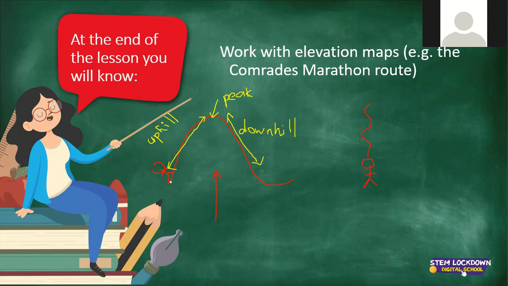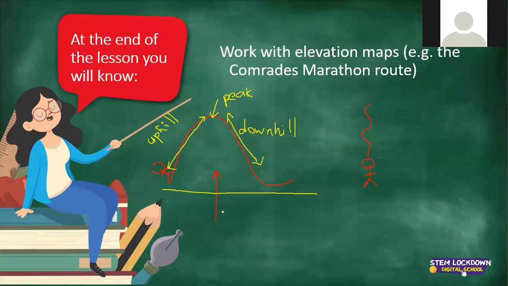Okay. Keep in mind when I say distance, I'm talking about how many kilometers or miles you have run, if you're running, or walked if you're walking, right? So on my profile, it will be on the horizontal axis.